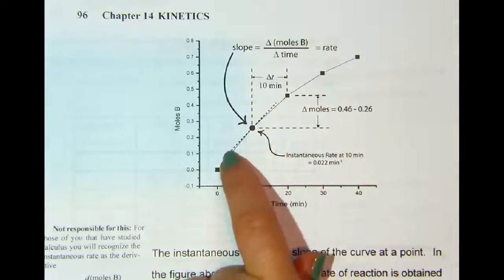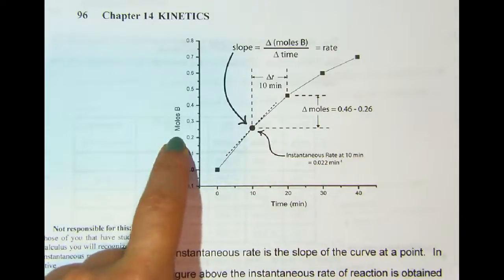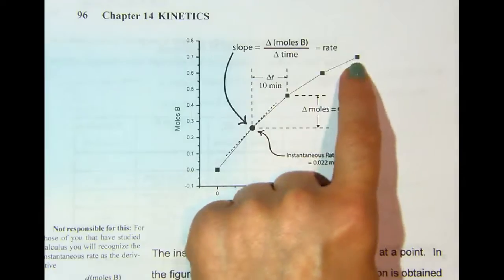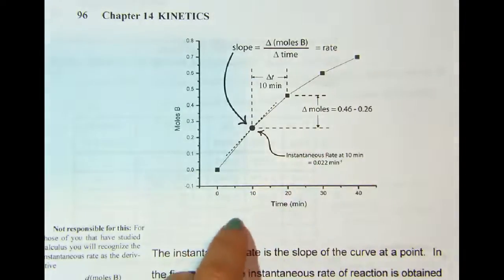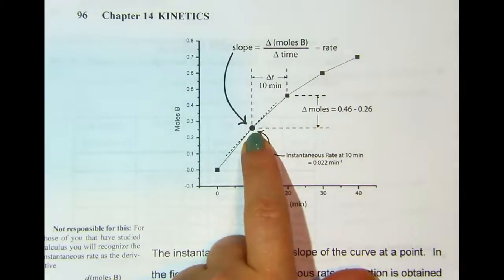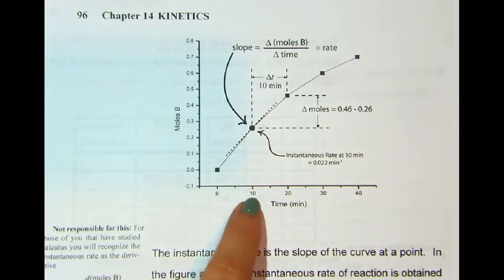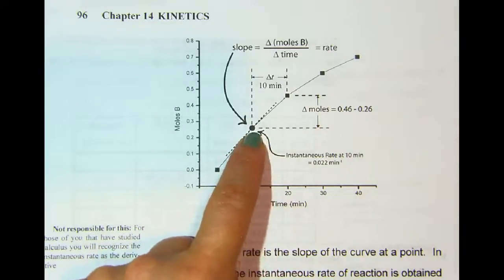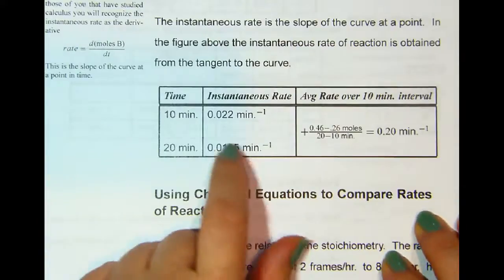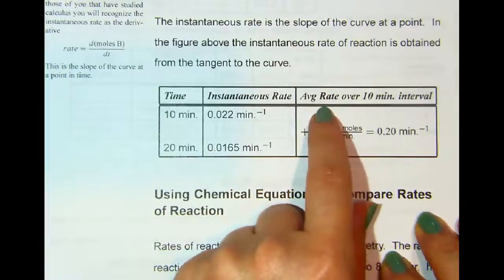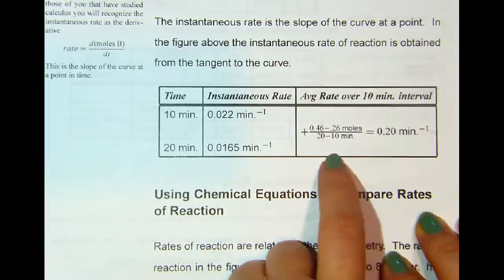Notice that the moles of product being formed get less and less as time goes on, because eventually the reaction will reach completion. If you take the tangent or the slope of the line at a specific point in time, you can find the instantaneous rate at that time. Generally, we don't focus on the instantaneous rate, but more on the average rate over time instead.